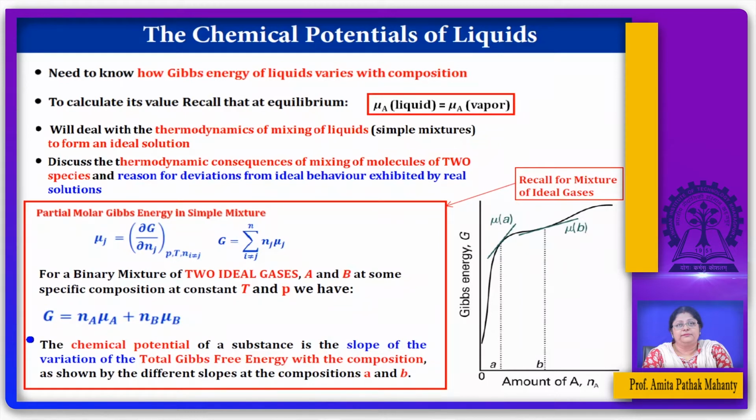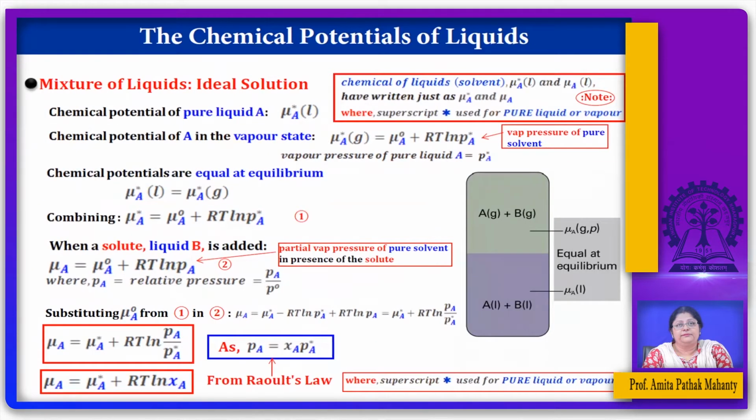Both of them are liquids. When I talk about a solvent, I have designated all solvents with a subscript in blue. Solvent means they are in excess, and solute means they are in minor amount. When we are talking about a liquid mixture or ideal solution, we want to define what an ideal solution is.